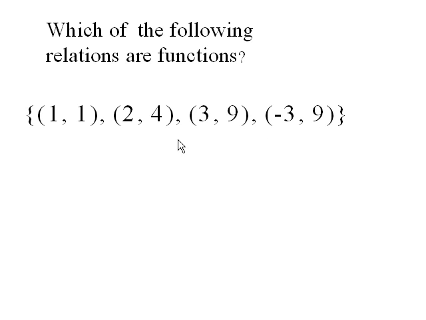In each case, I have an unambiguous choice of what to do. With the x value, I know where it has to go. The fact that 3 goes to 9 and -3 goes to 9 doesn't hurt anything. Two different x values sharing the same y value doesn't violate the definition of a function. So this set of 4 ordered pairs defines a function.